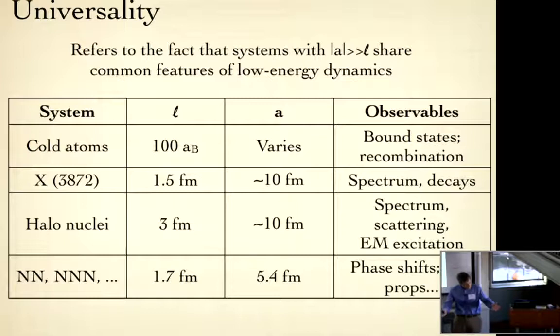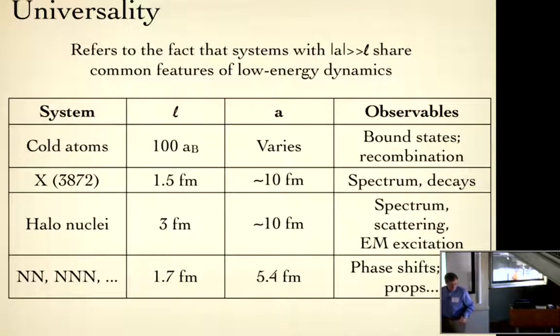And of course, most of you know the answer to this question, and if you didn't, you could read it at the top of the slide, right? So universality, in the context of this talk, will refer to the fact that systems where the absolute value of the scattering length is much larger than the length scale of the interaction share certain common features of their low energy dynamics.